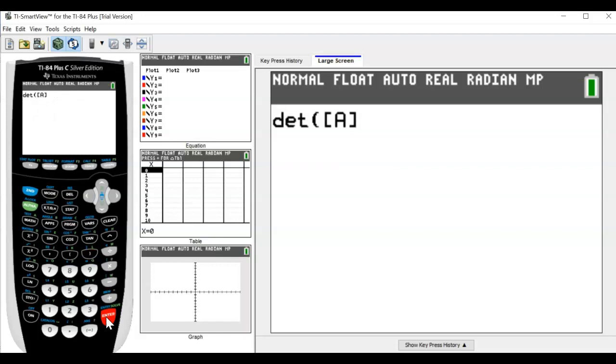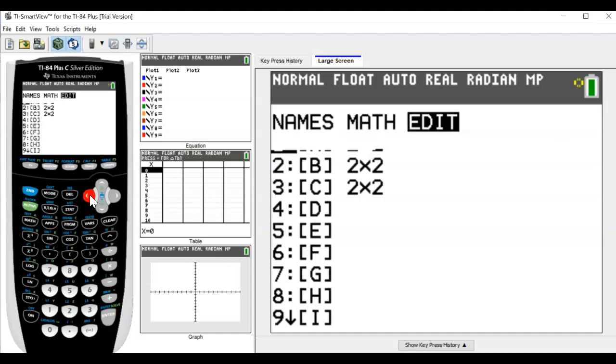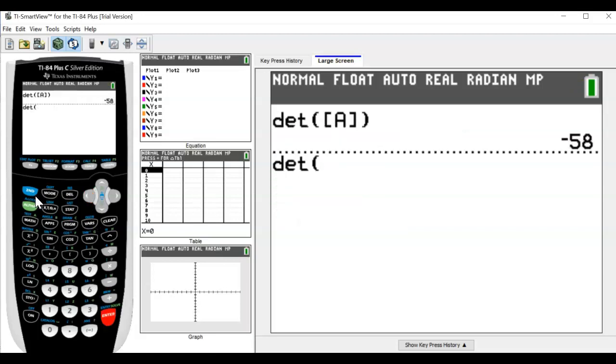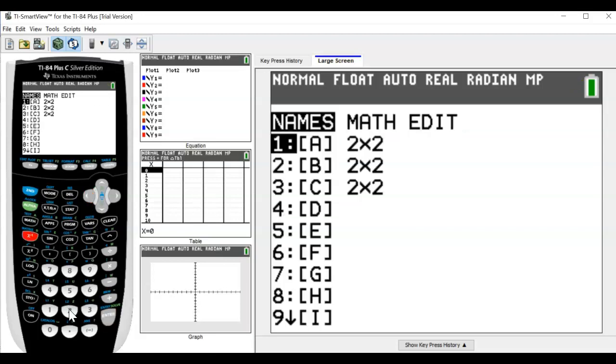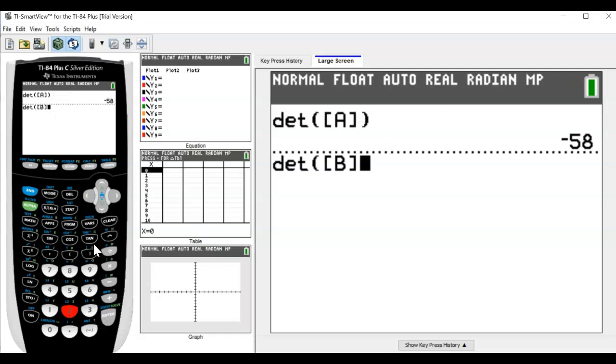Matrix A. So the determinant of matrix A is negative 58. If I go to the determinant of matrix B, that's a 10.